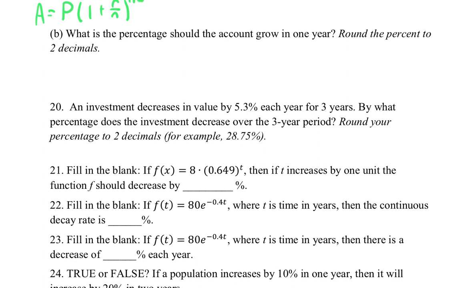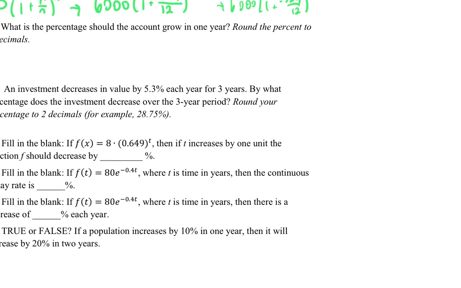So in this case, our equation is going to be 6,000 times 1 plus, and then our rate is 0.029. We compound it 12 times a year, to the 12t. And to figure out what it will be at the end of 5 years, we're going to plug in 5 for t. So we get 6,000 times 1 plus 0.029 over 12, to the 12 times 5.